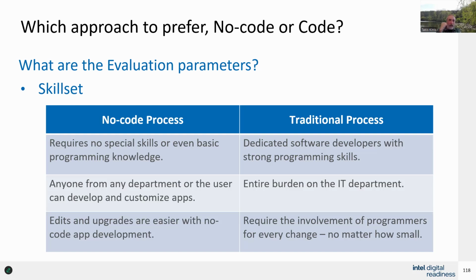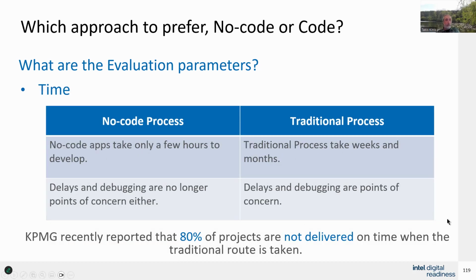Here's some examples. I'm just going to quickly put these up on the screen. There's kind of a series of these coming up here, right? So what skill sets, how much time it takes. I think an interesting metric at the bottom of the slide is that 80% of projects are not delivered on time when the traditional route is taken.